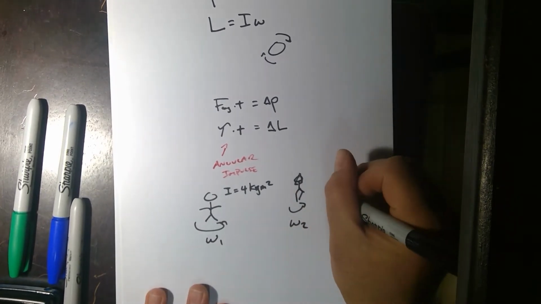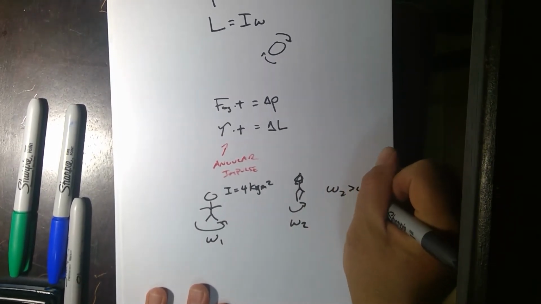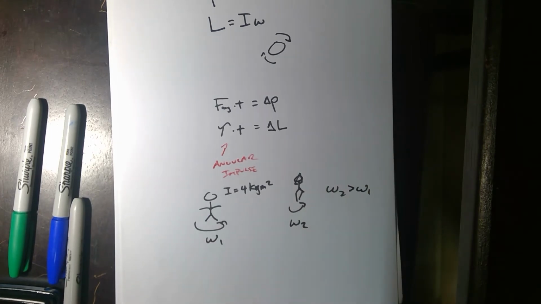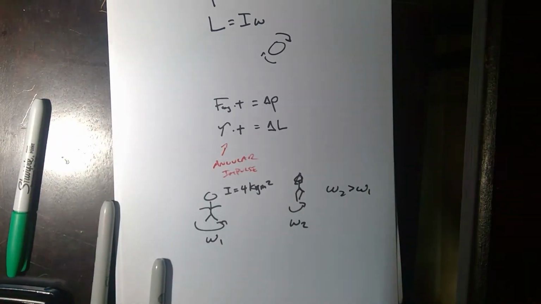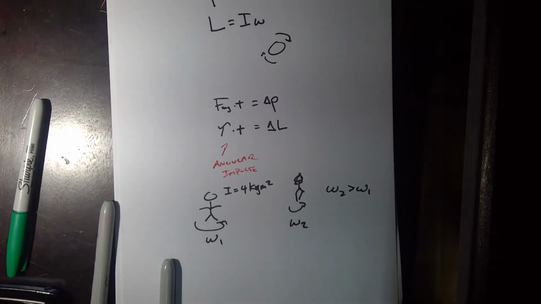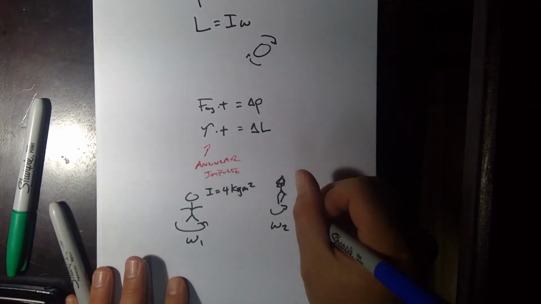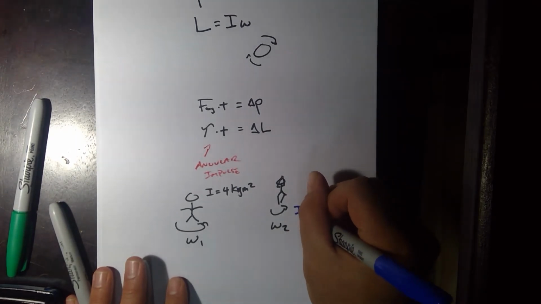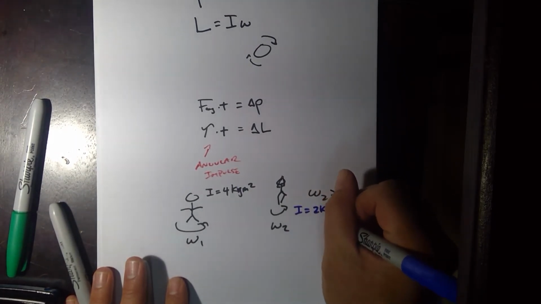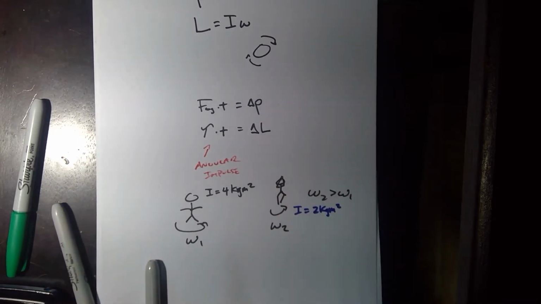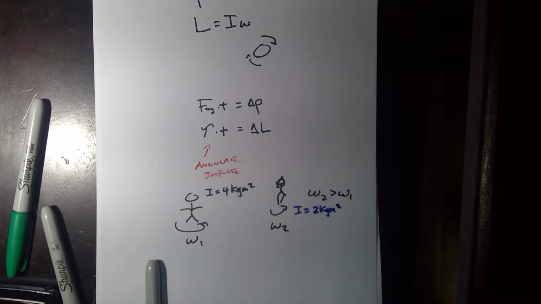Omega 2 is greater than omega 1, because as you change the distribution of mass around you, bringing it closer to the center, that's going to reduce the moment of inertia. So that could easily make the I value something like 2, depending upon how drastic that change is.